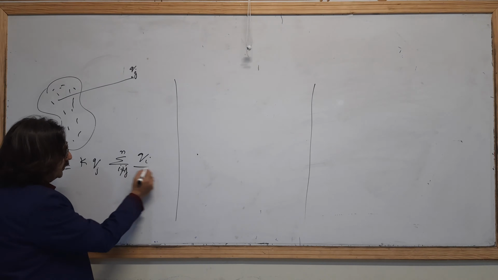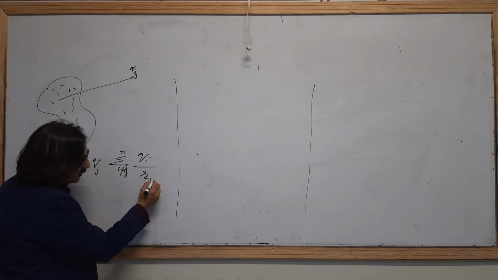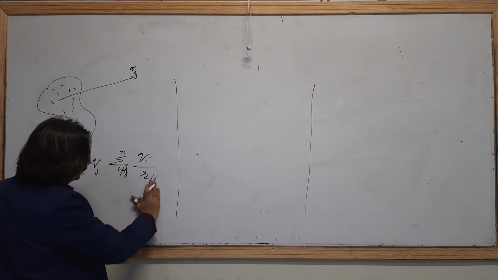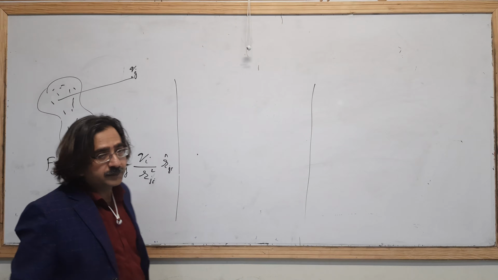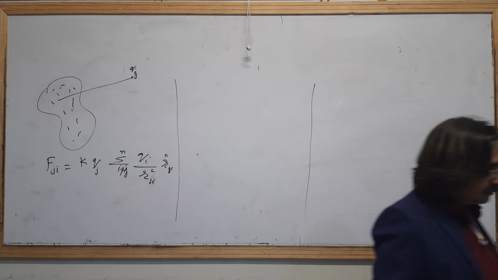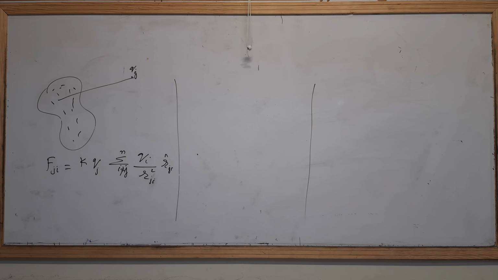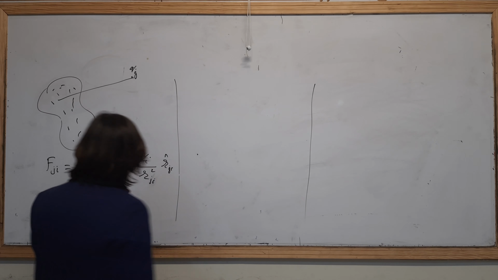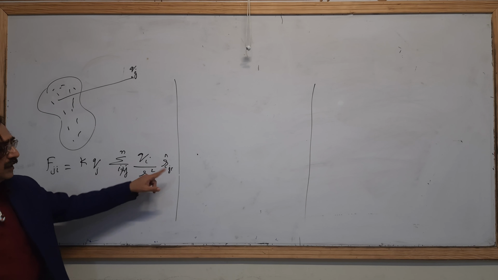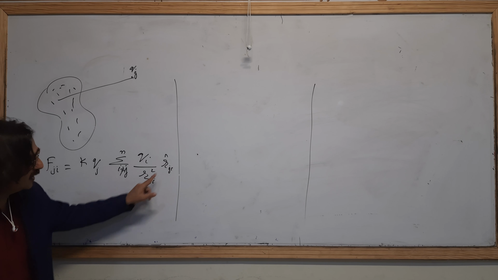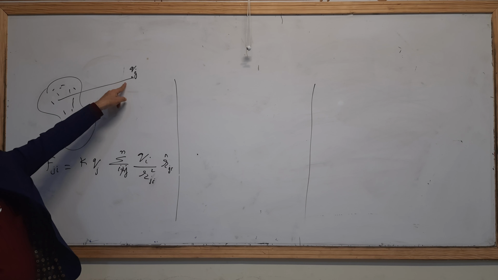So that will be k q_i q_j over r_ji squared times the r_ji unit vector. These are the same distance.